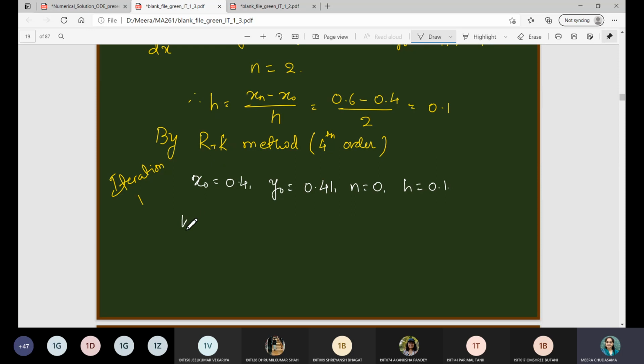So by the RK method, K1 is equal to h f at x0, y0, which is 0.1 times f. F of x, y we are given as square root of x plus y. So square root of x0 plus y0, so it is 0.4 plus 0.41. What is this approximate answer? 0.1043. All of you are getting this answer?